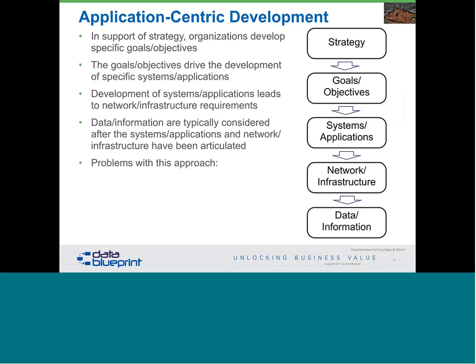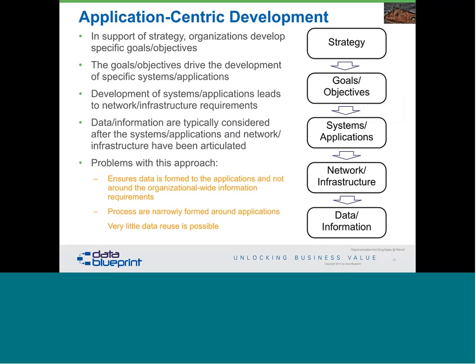But the minute that you say systems in here, and I'll just pick on SAP, which is a very fine piece of software that works extremely well for organizations that know what they're doing with it, it sucks the air out of the conversation. There is nothing else to talk about. And the problems are that this ensures that the data is formed to the applications and not around the organization-wide process requirements, that the processes are narrowly formed around those applications, and very little data reuse is possible under these circumstances.